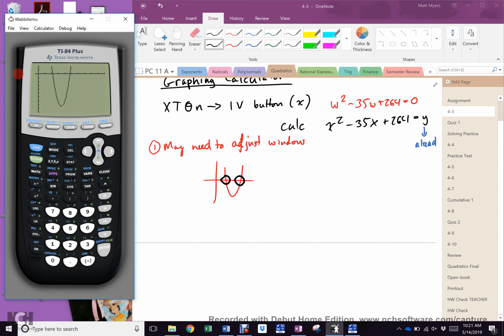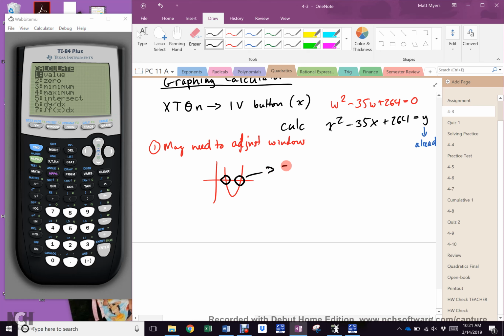We push second calc. So to find these, we are going to push second calc. And now look at what I have. I can find all kinds of stuff, can't I? Yes. Which one of those do you think I am seeking right now? Don't push anything. Talk to your neighbor. Look at those 7 choices. What one do you think we are seeking?